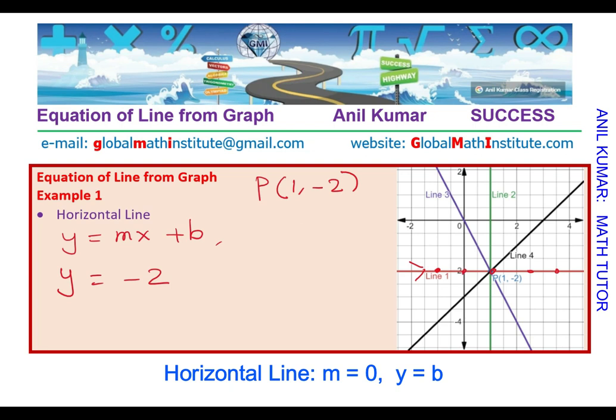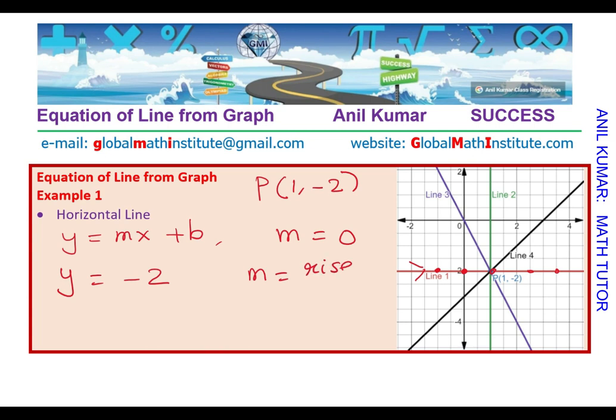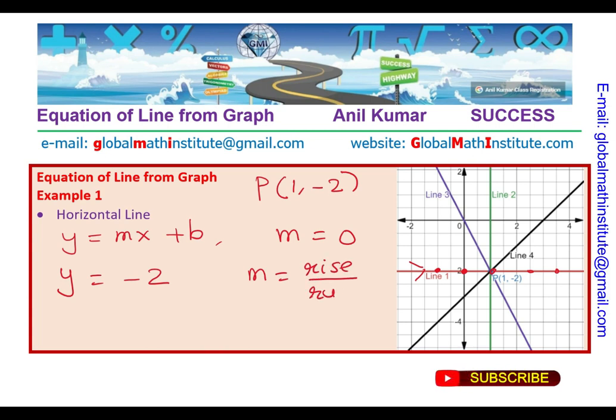You see, the y-intercept is also -2, right? And what is the slope here? Well, the slope is 0 since it is not rising at all. Rise over run is slope, so consider m as rise over run. Since the rise is 0, anything here will make it 0.